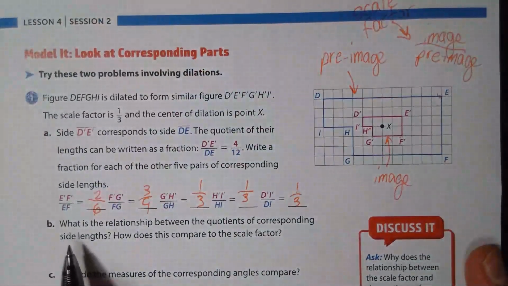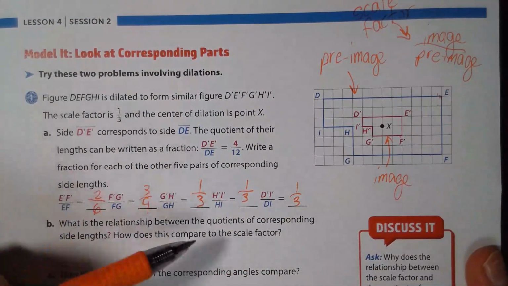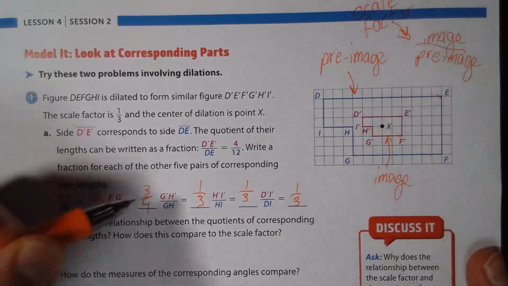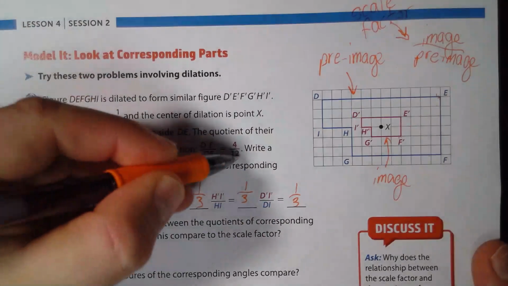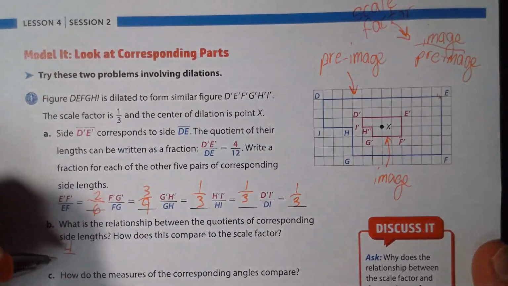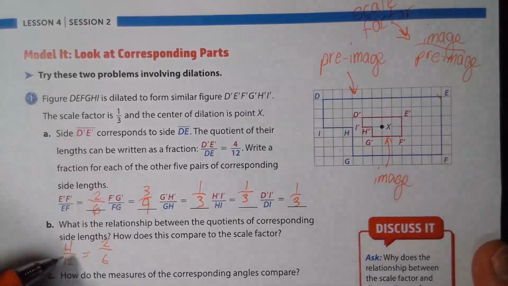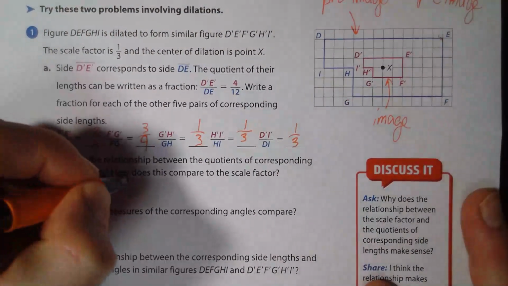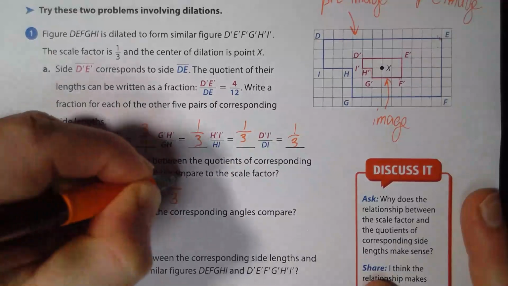The question, what is the relationship between the quotients of the corresponding side lengths? They mean quotients, meaning the fractions, meaning the division problems, right? What is the relationship between these? Well, 4/12 is equal to 2/6, so just divide by 2 here, right? These are equivalent fractions. That's equal to 3/9, which is equal to all these 1/3.